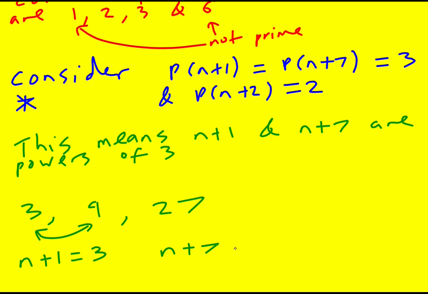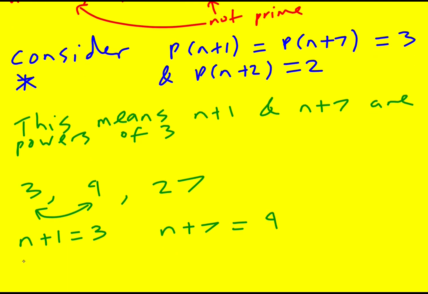N plus 7 is going to be 3 squared, or 9. And therefore n is going to equal 2. We also see that n plus 2 is going to equal 4, which is just a power of 2. I should just add that they differ by 6.